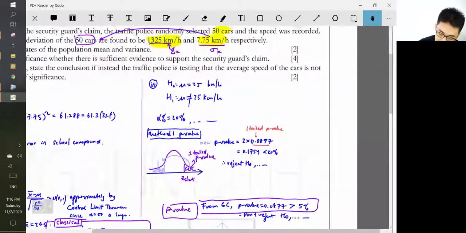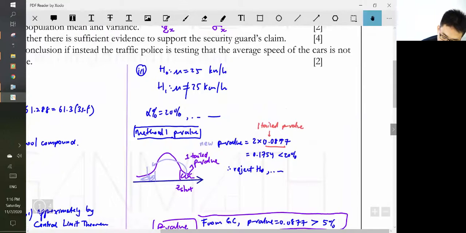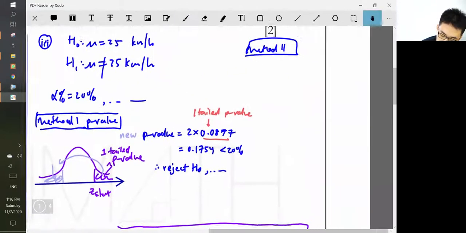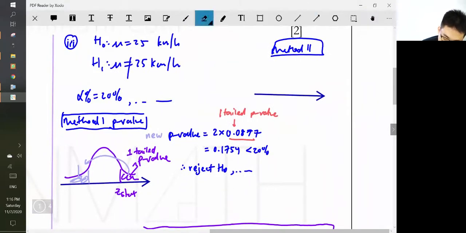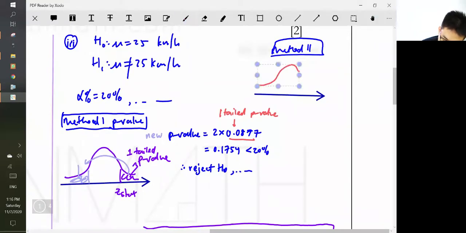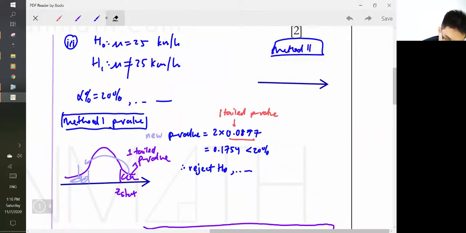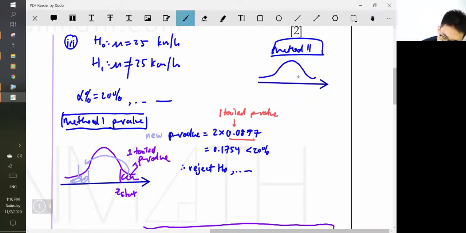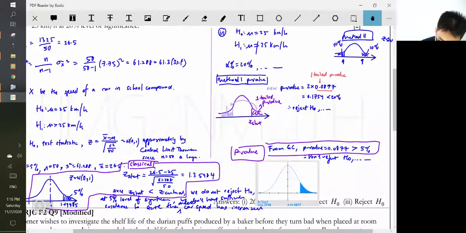Okay? There's another method which some of you are already thinking of, which is to just compare with the Z method, because now you're using two tail. It means you use a boundary and you compare. So you're using two tail, so this is 10%, this is 10%, right? Then you find what this boundary is, the Z critical. Because you already have the Z stat, which is without any further tests, the Z stat is this one here.